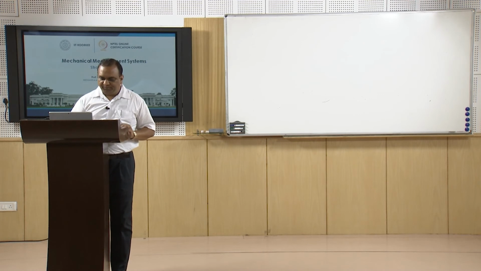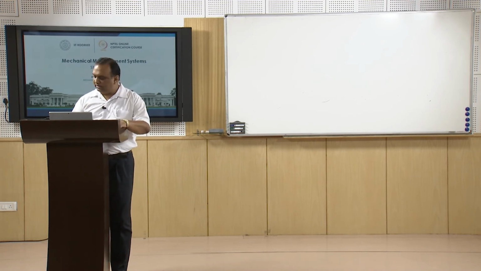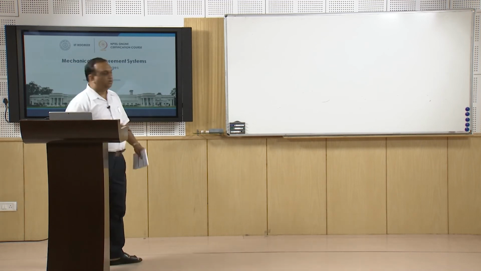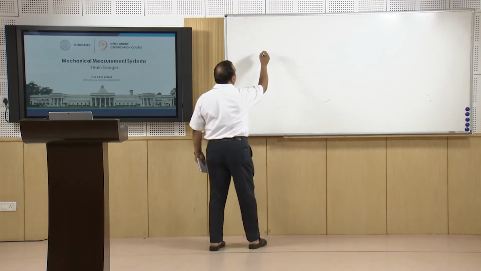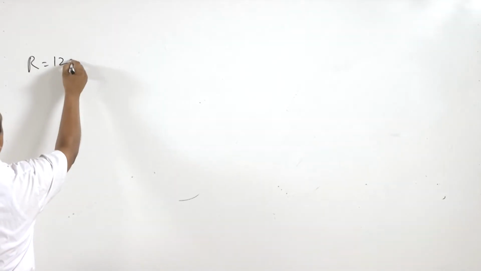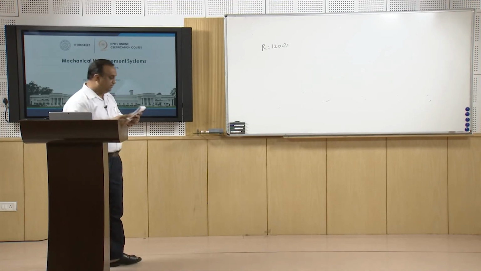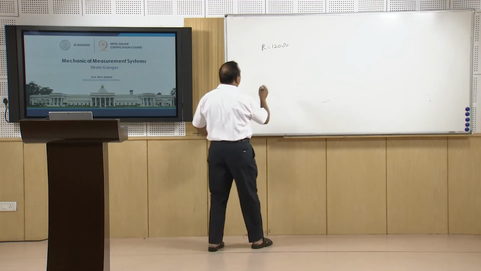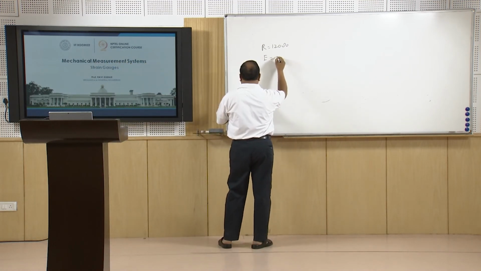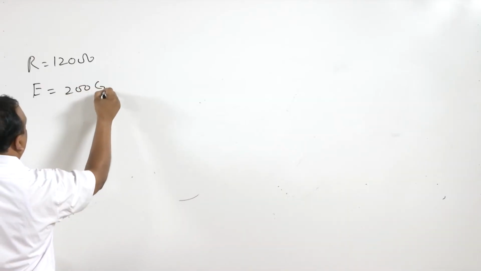Now, after this, we will take up one numerical. Consider a single strain gauge of resistance 120 ohm. So the resistance of the strain gauge is 120 ohms, right, and it is mounted in an axial direction on an axial load specimen of steel, for which E is equal to 200 GPa.